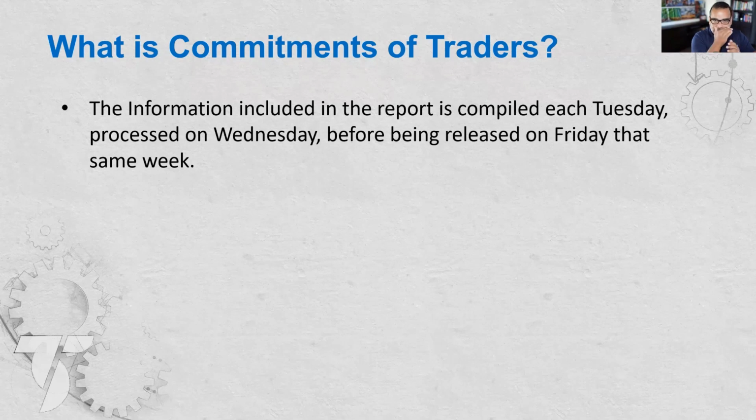So yes, the data is released on Fridays, with the numbers as of Tuesday night. The first available day on which they would be available to the trader would be Wednesday. When you look at the Commitments of Traders data on TradeStation, you're going to see that it's posted with a date of Wednesday, because that's the first day the data would be available.